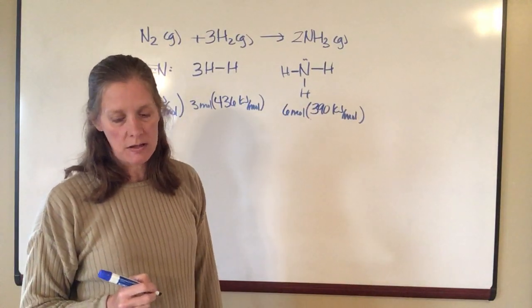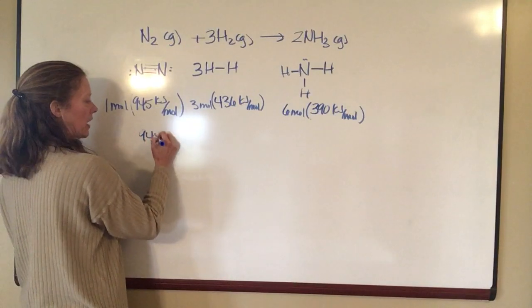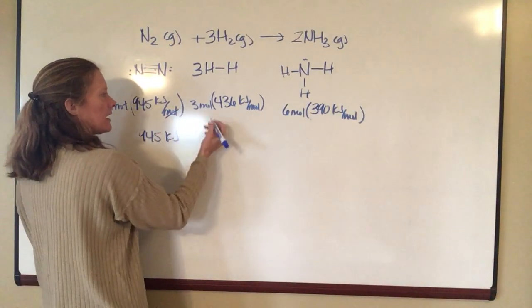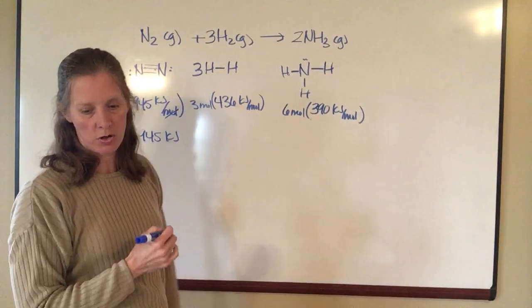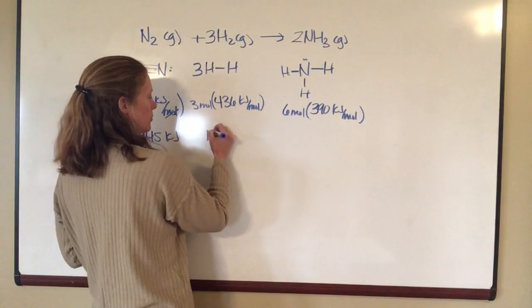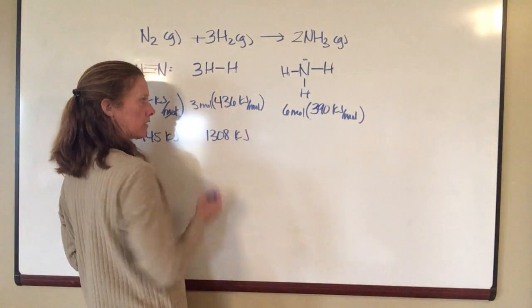So then what I end up with is I have 945 kilojoules here, because your moles are going to cancel out. If you take 3 times 436, that's going to give you 1308 kilojoules, because the moles will cancel out.